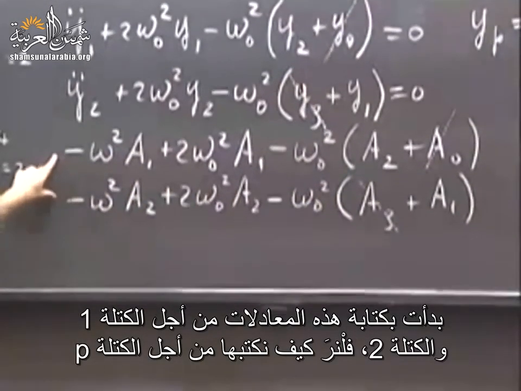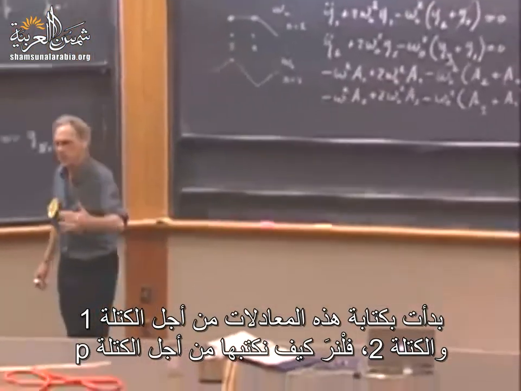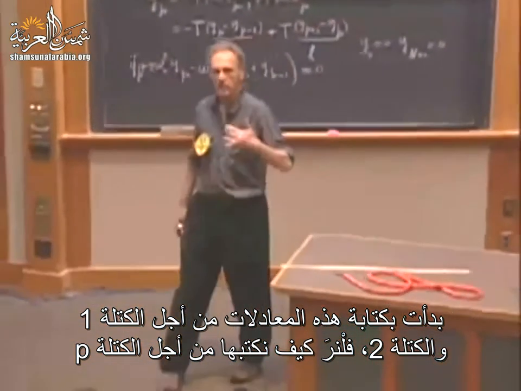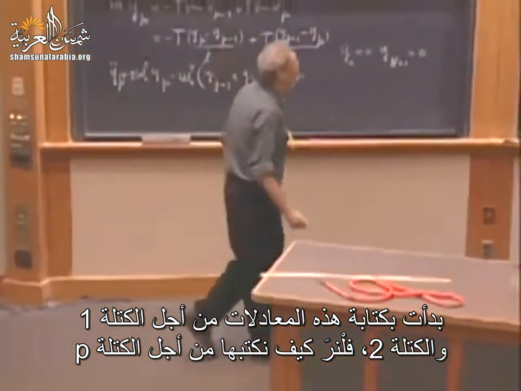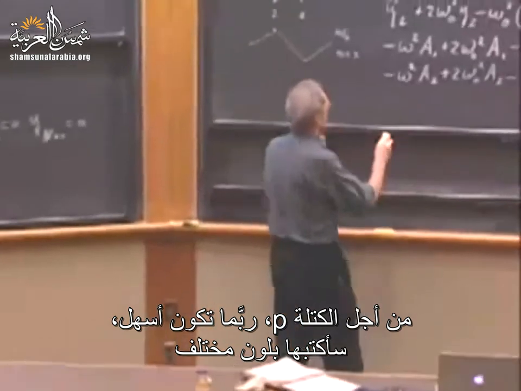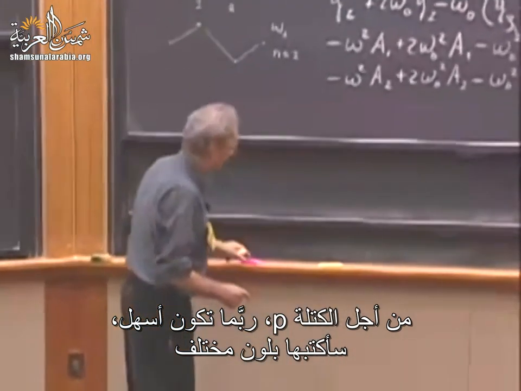And the reason why I started off with 1 and 2 is that now you see how we can put it in the P-th particle. So the P-th particle now is going to be rather easy. Maybe I should do that in color.